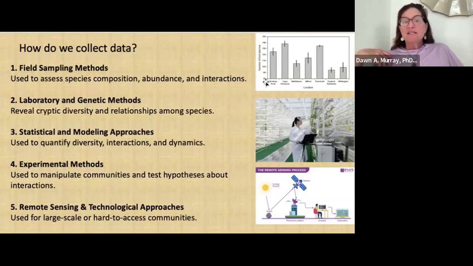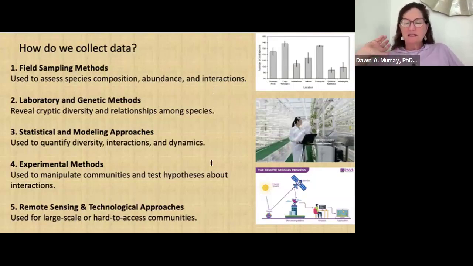The fifth is remote sensing and technological approaches. This is used for large scale, hard to access communities. So here is some remote sensing. Here's some lab work. Here's some field sampling data.